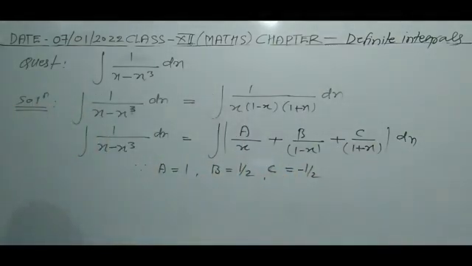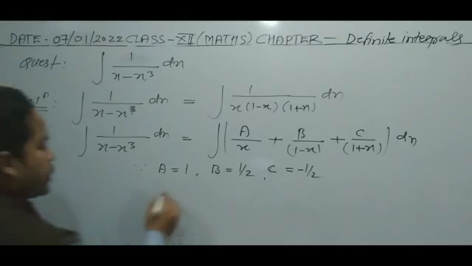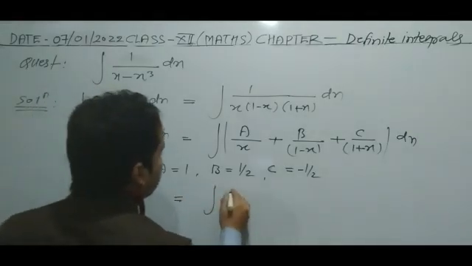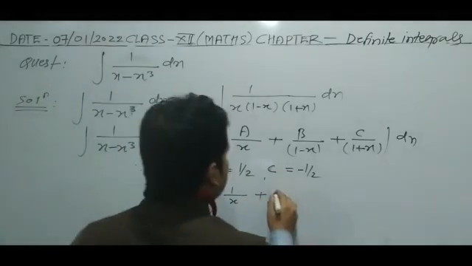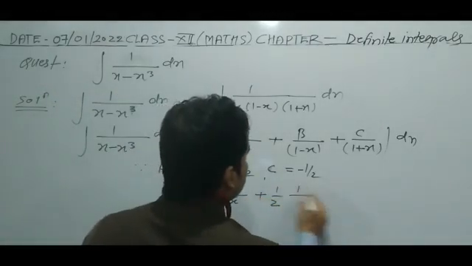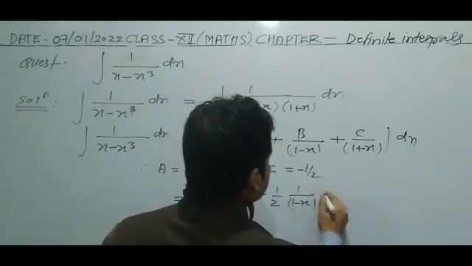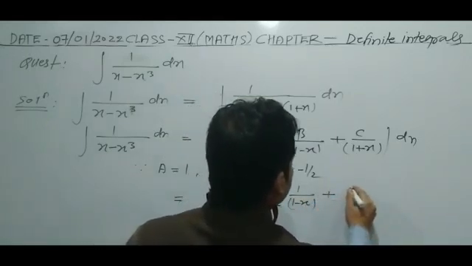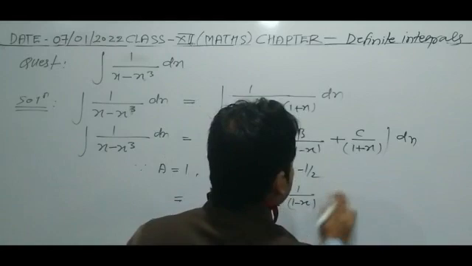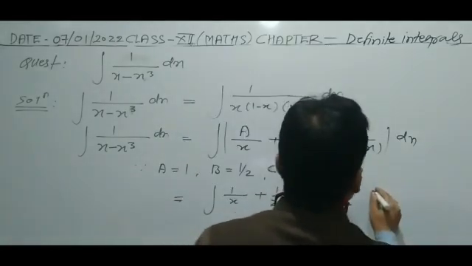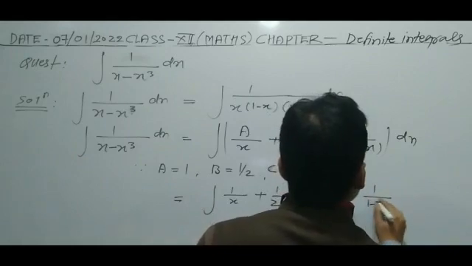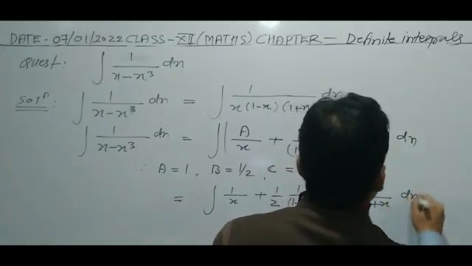So the result will be integration over 1 upon x plus 1 by 2 into 1 upon 1 minus x plus minus 1 by 2 into 1 upon 1 plus x, dx.